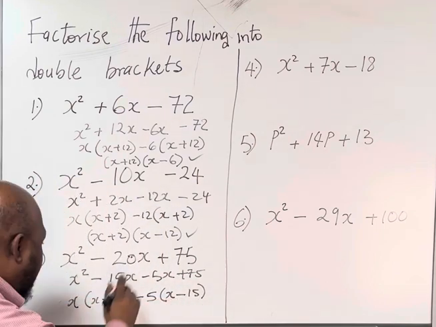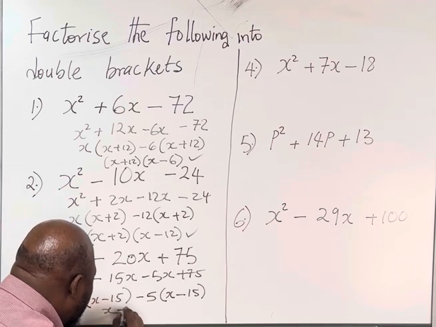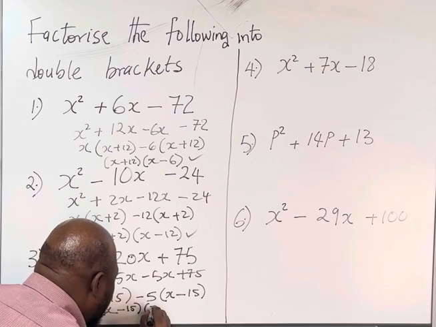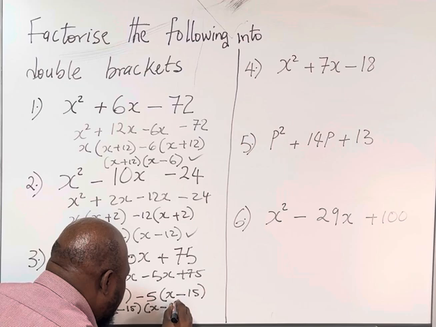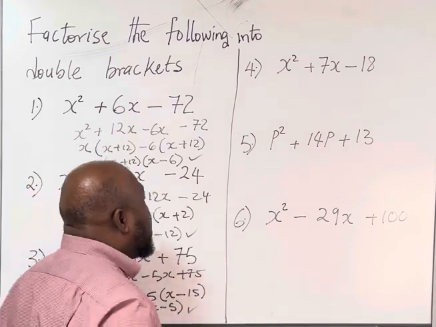In that case, we have (x minus 15)(x minus 5). Okay, this is good.